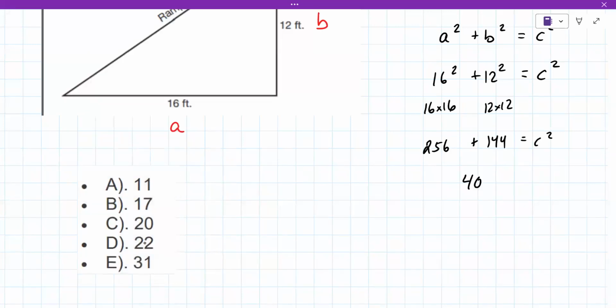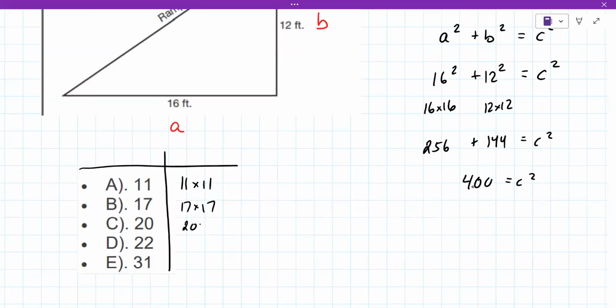Now, could you add those two together? 400. Okay. So now to solve for C, you would have to take the square root of this number, but you can also kind of make a table here. You could take this number and multiply it by itself. 17 and multiply itself. 20 and multiply by itself. 22 and multiply by itself. Same with 31 here.